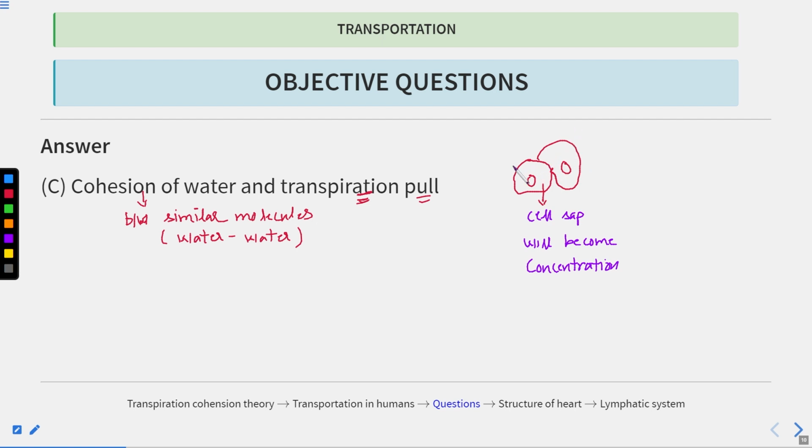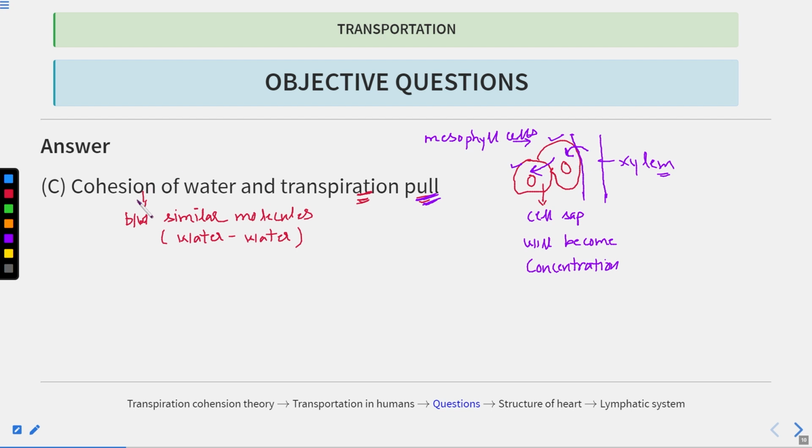This cell will then suck the water from the adjoining cell. So these are the mesophyll cells. Now this cell is connected to the xylem. So in the end, this cell will suck the water from the xylem. And this tension is then transferred to the roots. This is known as the transpirational pull, and because of that tension, transpirational pull is generated.